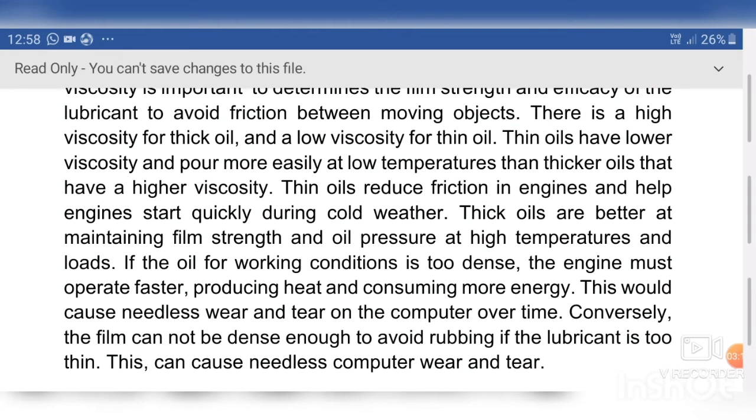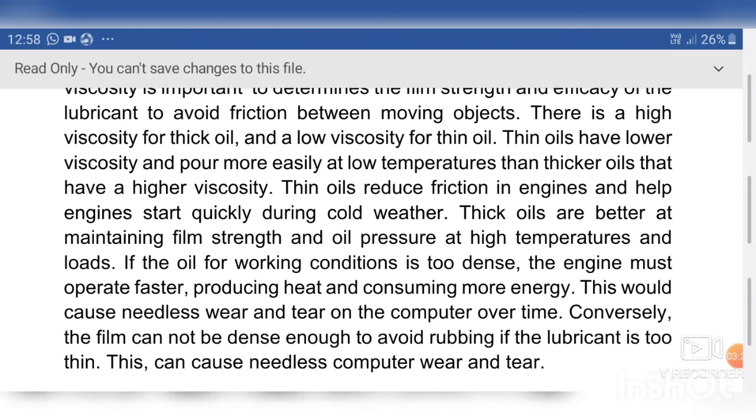Thin oil has lower viscosity and pours more easily at low temperature, and thicker oil has higher viscosity. Thin oil reduces friction in the engine and helps the engine start quickly during cool weather.